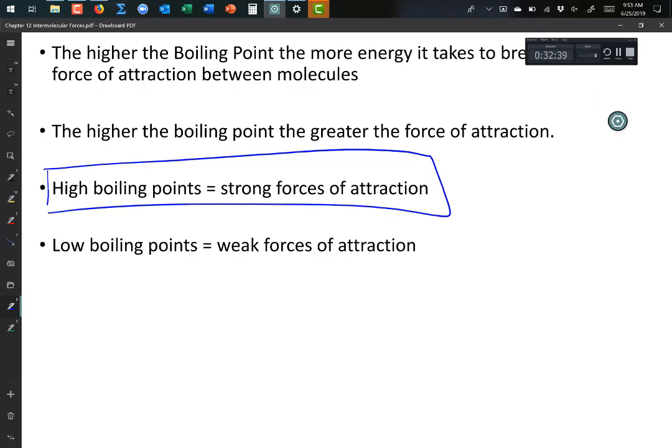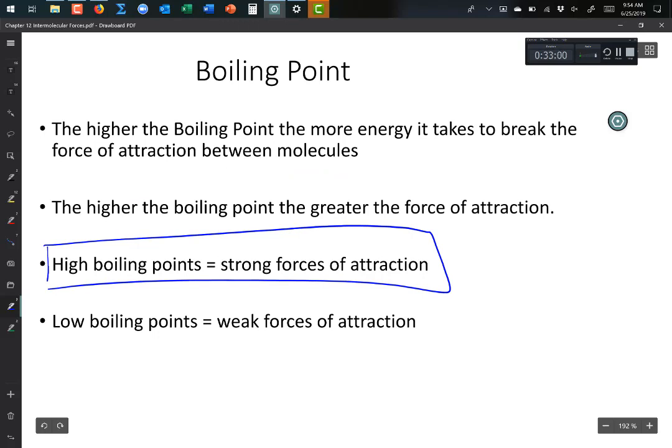You're going from solid to liquid, and you need to break up the forces of attraction. So if the forces of attraction are strong, what does that mean the melting point's going to do? It's going to be higher because it takes more energy to break them apart. So like for liquid going to the gas state, just like for boiling, the forces of attraction are strong between the molecules. In order to get it to go to the gas state, you have to break those forces of attraction. Stronger forces of attraction, higher boiling points.